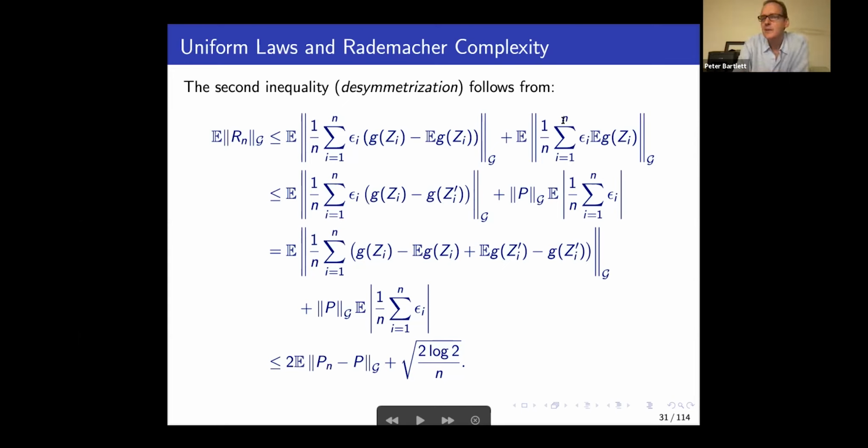There's a second term that arises that involves an expectation of G multiplied by an absolute value of an average of these epsilon i's. That average of the epsilon i's is something that we know goes to zero like 1 over square root of n. That actually follows from some later calculation, we'll see.